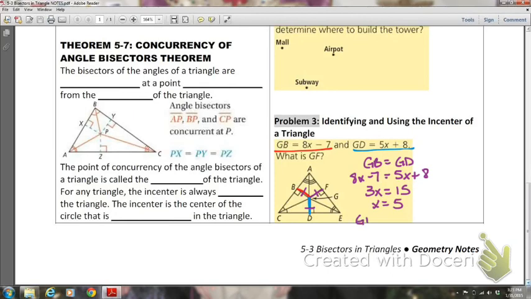Let's find the length of GD, which is 5x plus 8, which is 5 times 5 plus 8. So 25 plus 8 is 33. So we know that GB equals GD equals GF. They're all congruent. So GF is equal to 33.